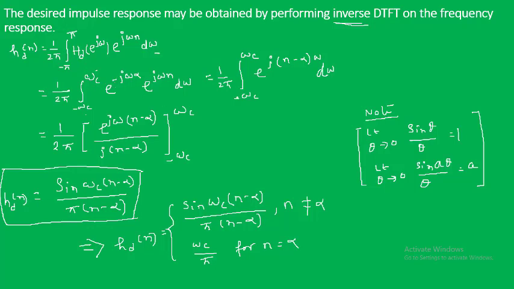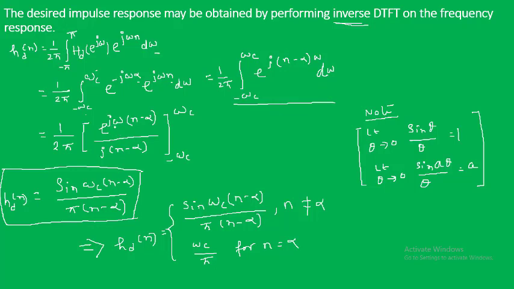Now within minus omega c to plus omega c, if we combine these two exponentials, we get e to the power j omega (n minus alpha). We are combining this: this is n, and from here we are taking minus alpha. So we get this particular expression. Now after solving this integration, what do we get?